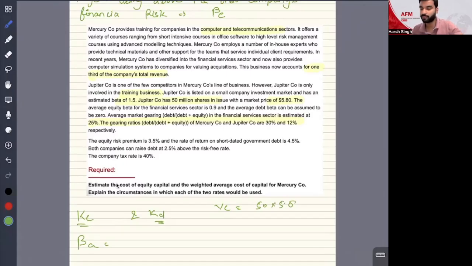What will be the value, everyone? $290. Okay. This is for the company where beta is given as 1.5. And the average equity beta for the financial sector is given as 0.9.